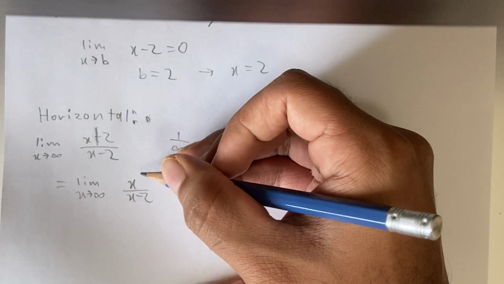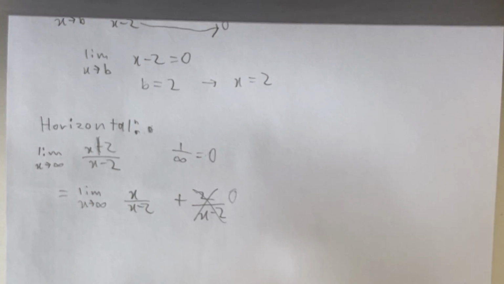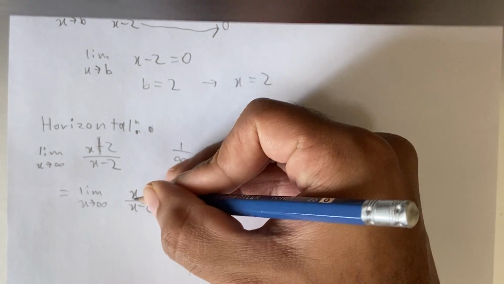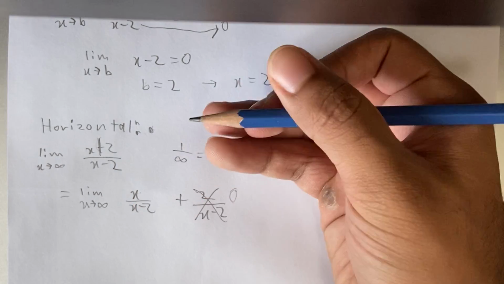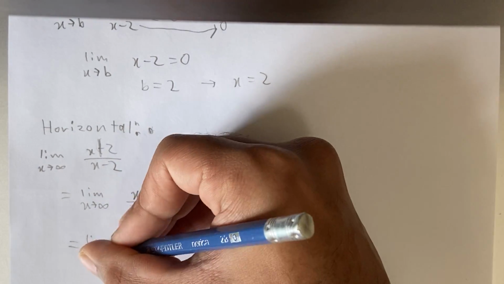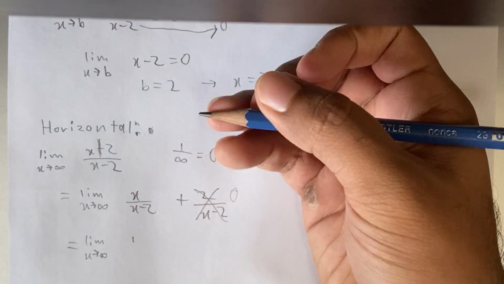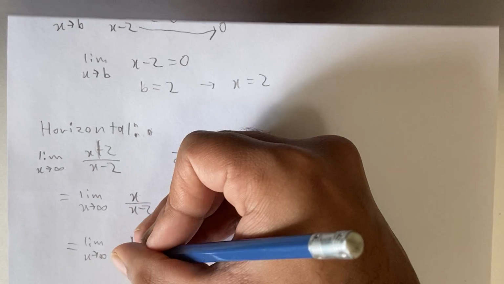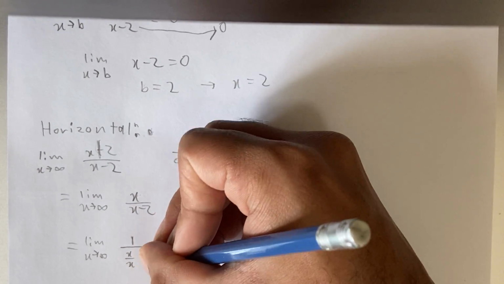Now we look at the first part, and this is a technique that you will all need to use. Here we can divide both the top and bottom by x. So x over x is 1, over x over x minus 2 over x.